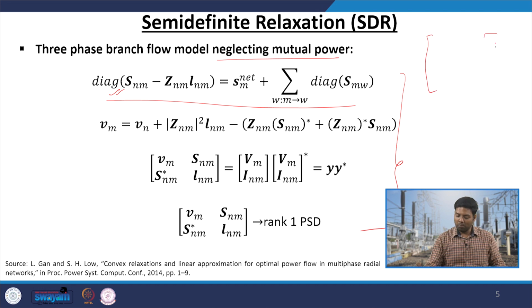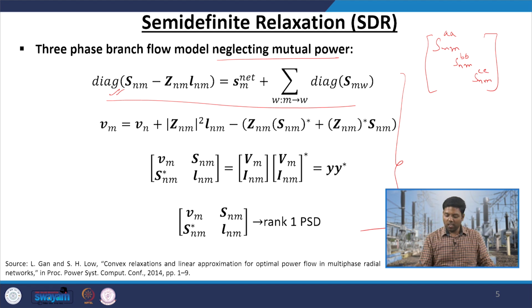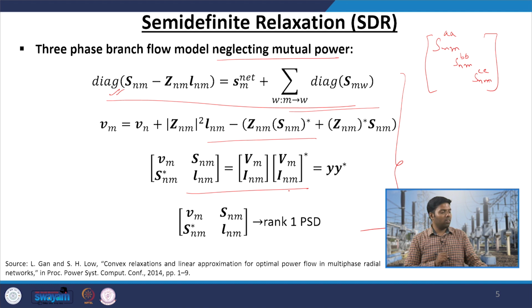That means S nm AA, S nm BB and S nm CC. Only these three diagonal elements we are considering, and other elements we are neglecting. So, this is your power balance equation, this is your voltage balance equation, you have this power relationship, and this matrix needs to be a rank 1 positive semi-definite matrix.